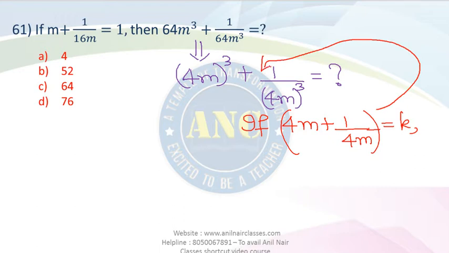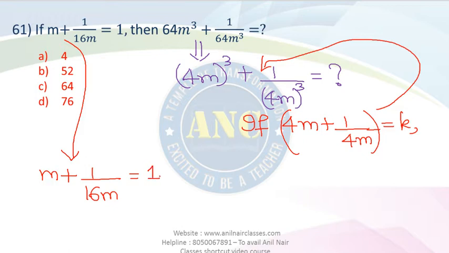It is nothing but k cube minus 3k. But the question is not given in 4m plus 1 by 4m format. The question is given as m plus 1 by 16m format. It is given in a completely different format, sir. But I know that I want to reduce it to 4m plus 1 by 4m.